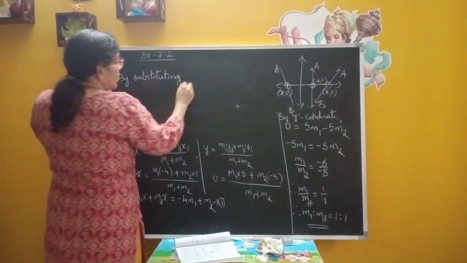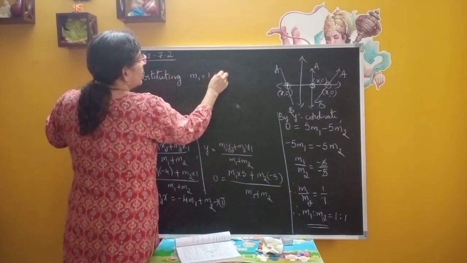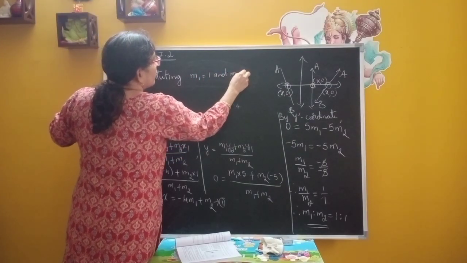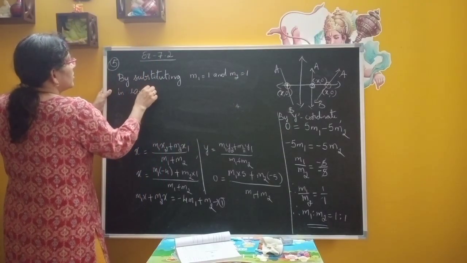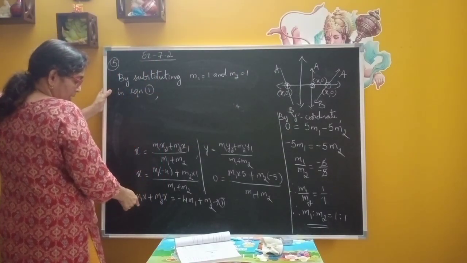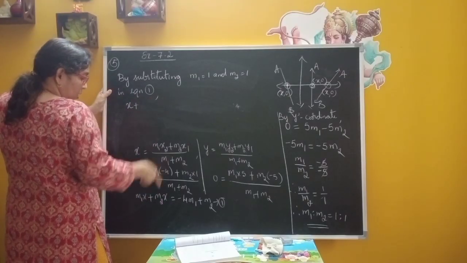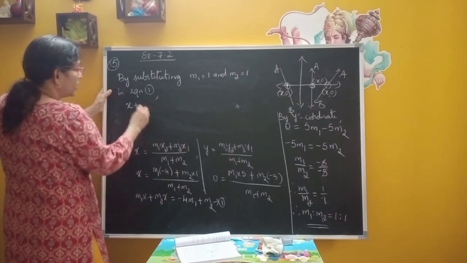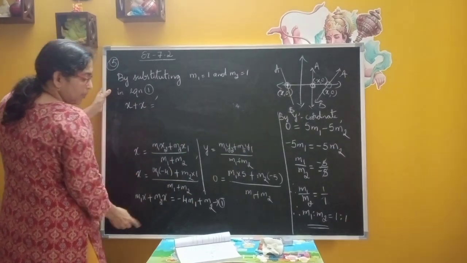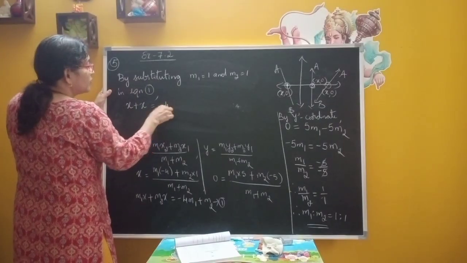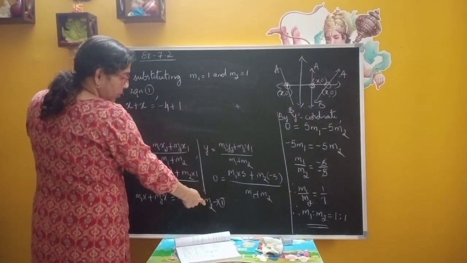Substituting m1 equal to 1 and m2 equal to 1 in equation 1, we get x plus x is equal to minus 4 into 1 plus 1.